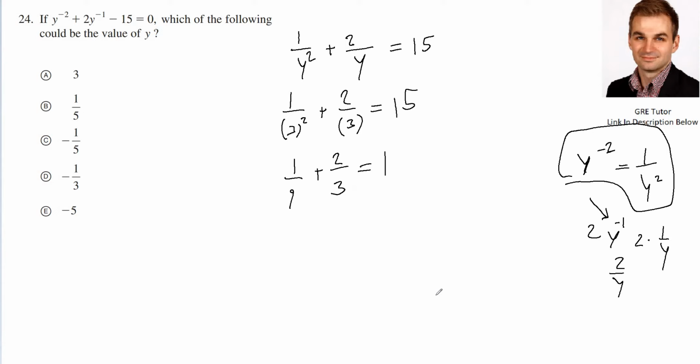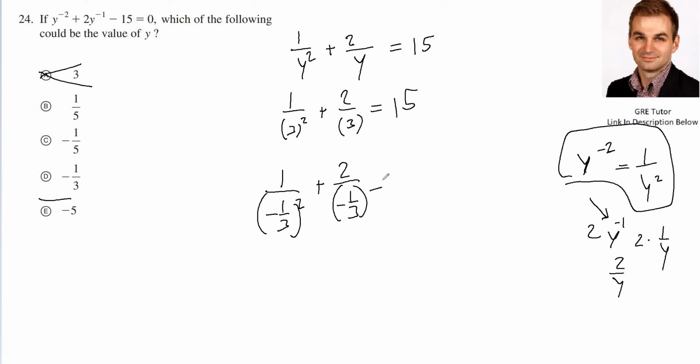So we try again, do a different one. We did 3, that one didn't work, and then I'm going to try negative 1/3 next. So what do we get? 1 over negative 1/3 squared plus 2 over negative 1/3 equals 15.